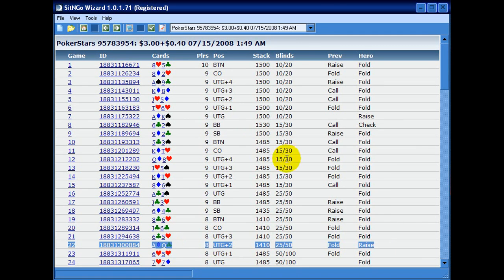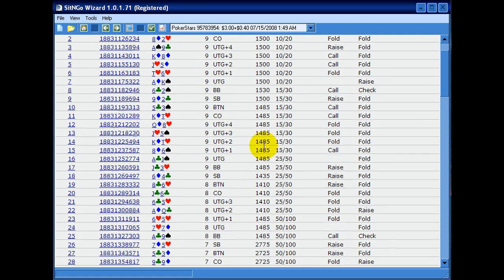Oh, sorry, Ace King offsuit I should have got involved with. It seems that, seeing as I just won 30 chips, I probably just won the blinds. And Ace Queen offsuit here. I won 75 chips, so again, that would just be the blinds.